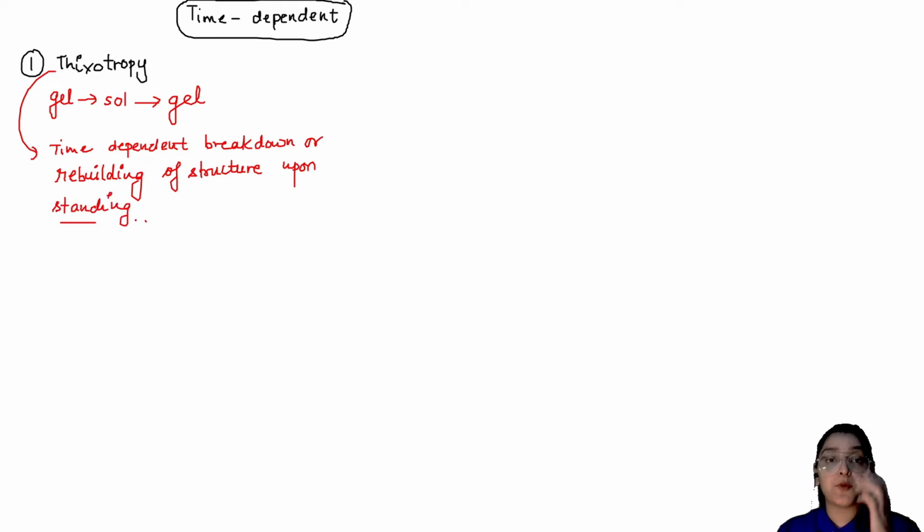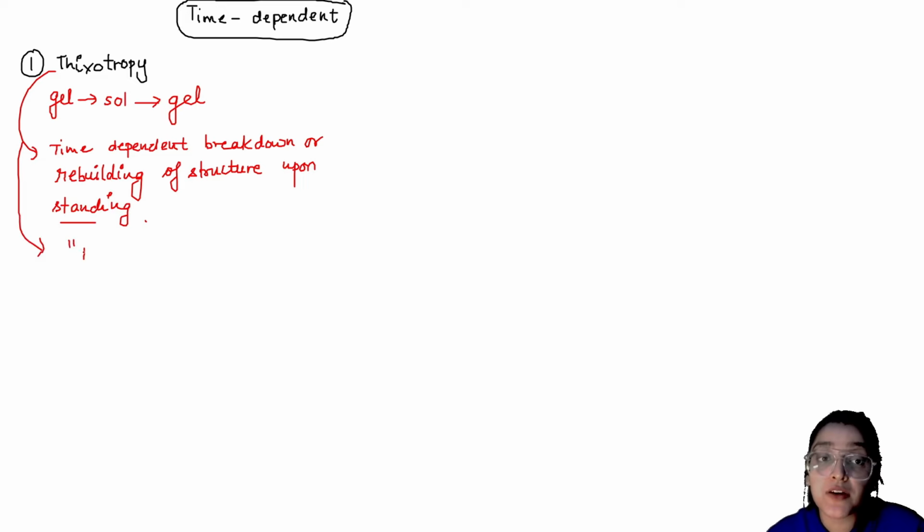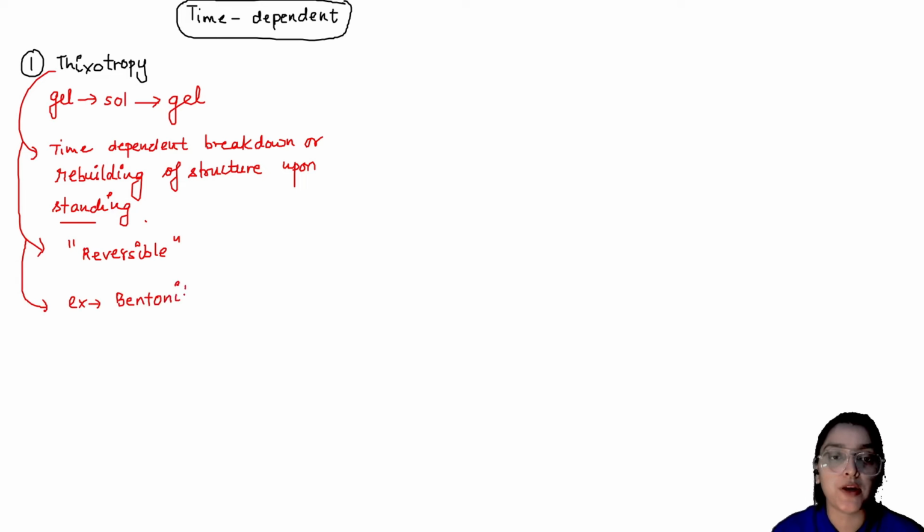Okay students, very important. This is a time dependent breakdown. One other important thing you should know, it is a reversible phenomenon. As we can see, the gel particles are converted to sol and the sol is then converted to gel, with the example of bentonite, very important from exam point of view.